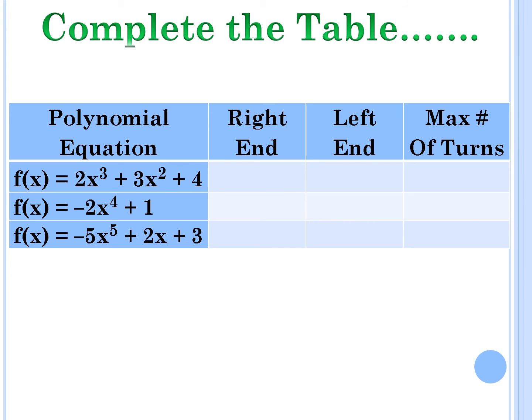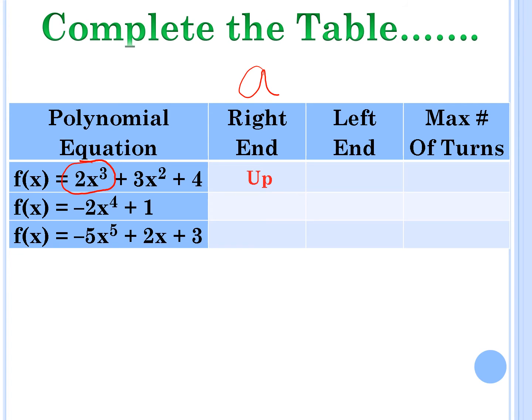So the first equation, our leading term would be 2x cubed. For the right end, we're going to look at the a value. In this case, my a is positive, so that means my right end is going to be going up. Let's talk about the left end.